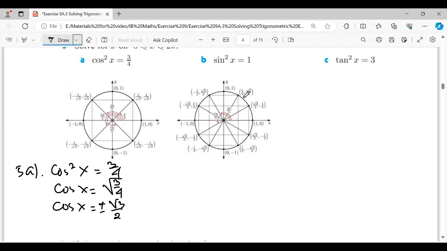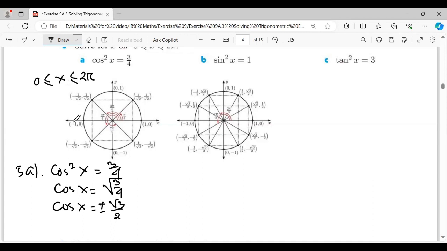Recall that the interval I'm writing here is 0 to pi.